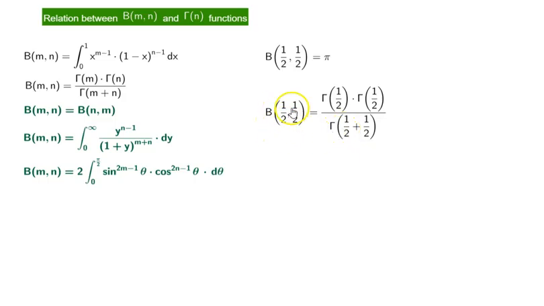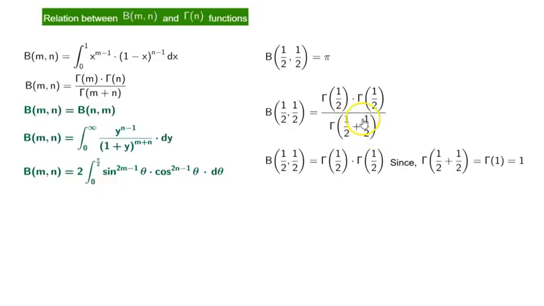So beta of 1/2, 1/2 is equal to gamma of 1/2 times gamma of 1/2 divided by gamma of m plus n, that is, 1/2 plus 1/2. In the denominator, 1/2 plus 1/2 is 1. Gamma of 1 is 1, so this disappears. We are left with gamma of 1/2 times gamma of 1/2.